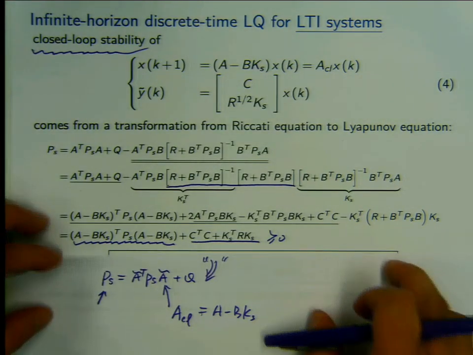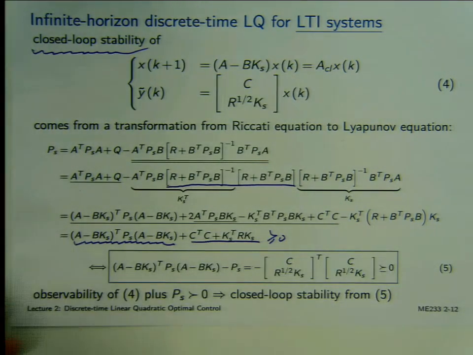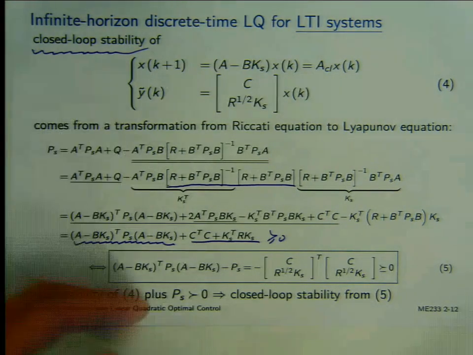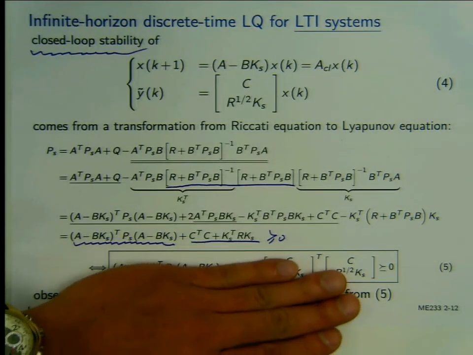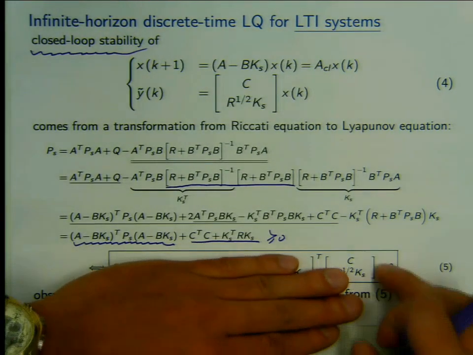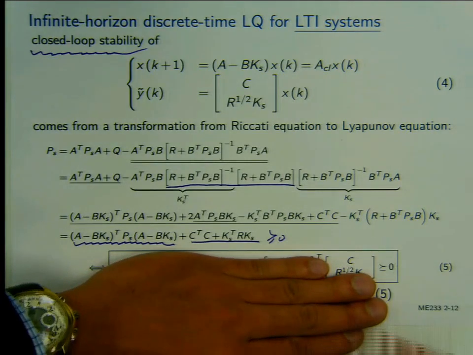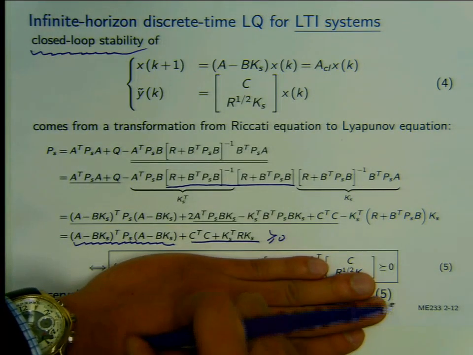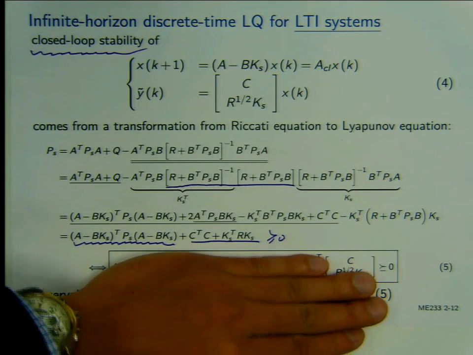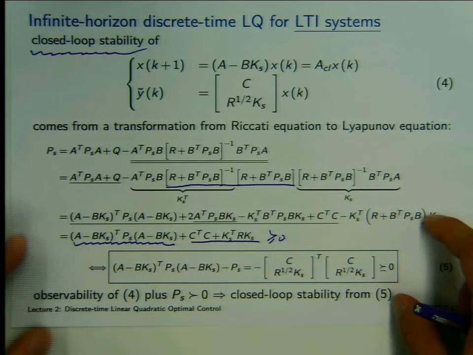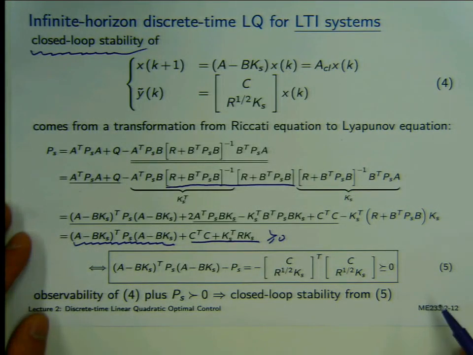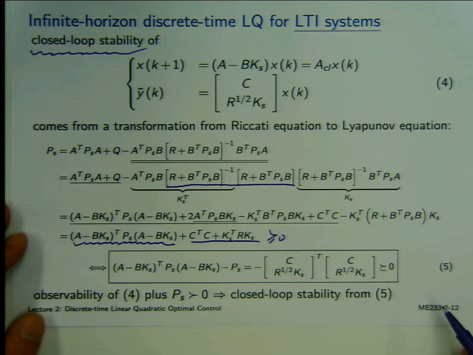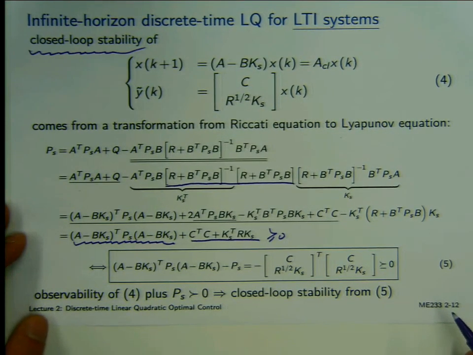Probably, yeah, let me finish. Probably you won't encounter this kind of situation in homeworks or something. For the conclusion, your assumption was PS is positive definite, and then you go forward proving stability.